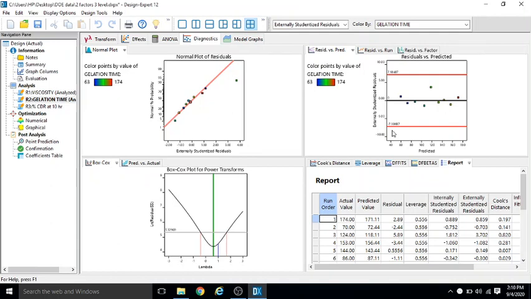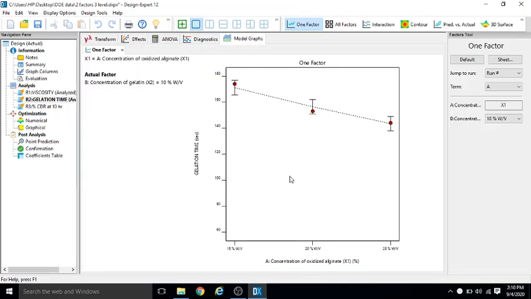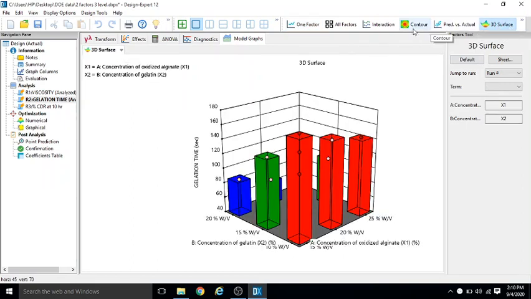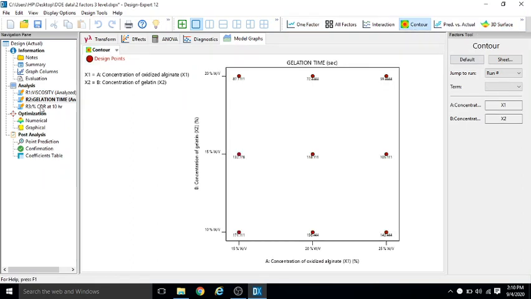So you will find a lot of information, but there is very selective information which we can use for our purpose. In the normal plot of residual, points are not so scattered except the one point. Again, there is a maximum limit and minimum limit, and all responses are well within this range. And here you will get the model graph, again 3D surface and contour.